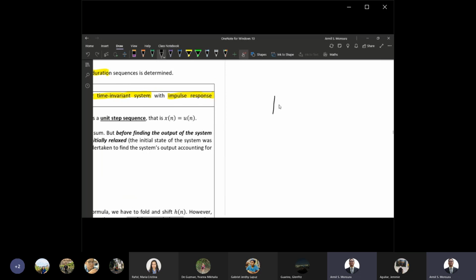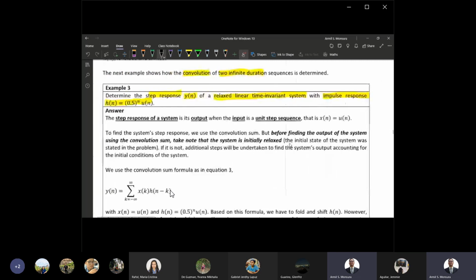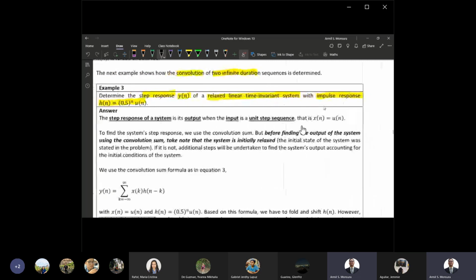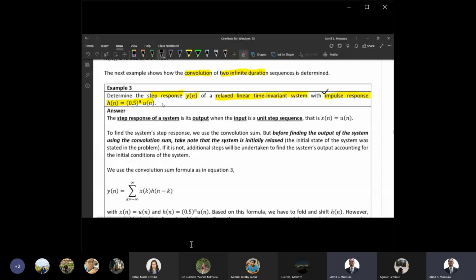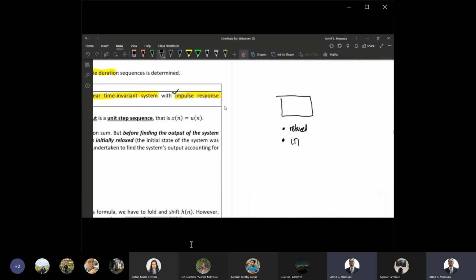Now, that system, first thing, is relaxed. And is linear and time invariant. And more importantly, it has an impulse response of this h of n. So, yung h of n na yun yung nagde-describe dun sa system niyo.